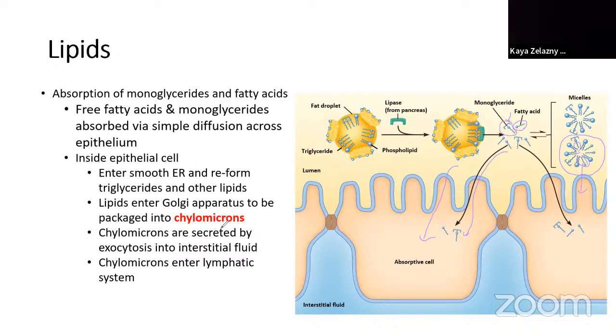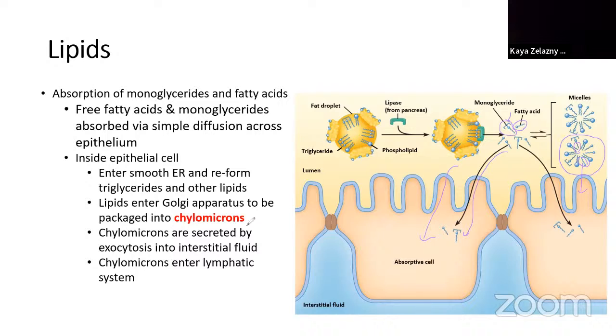And chylomicrons are basically a type of lipoprotein. So they're this lipid that we've made in the ER plus some protein parts. And that's important because a property of these lipoproteins is that, because of the protein part, they are going to be able to interact a little bit differently with water.